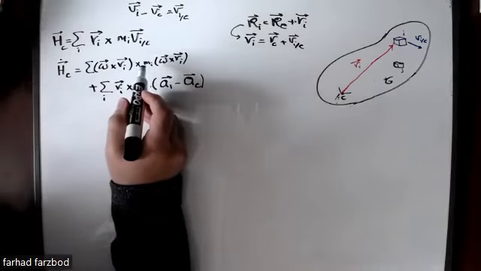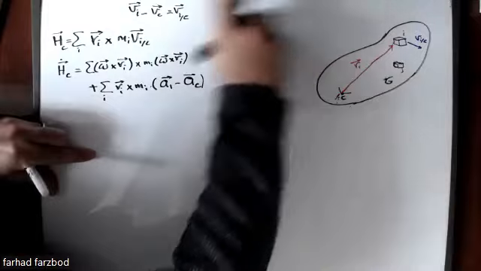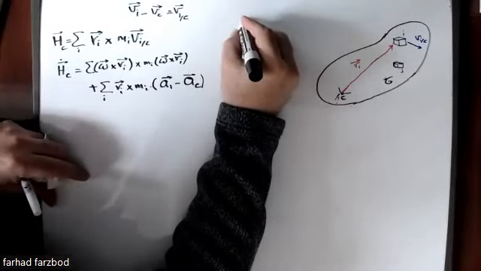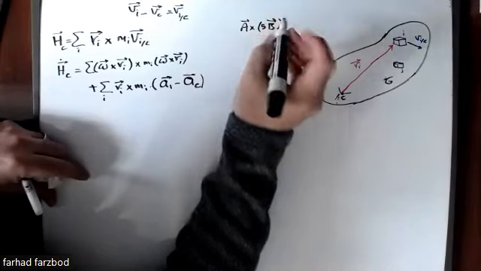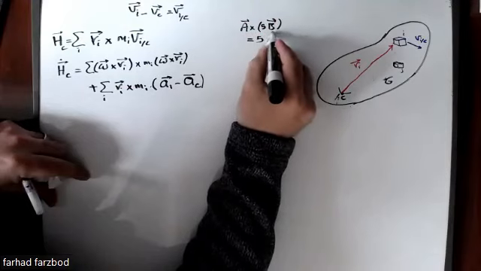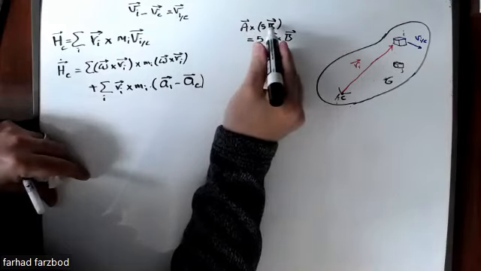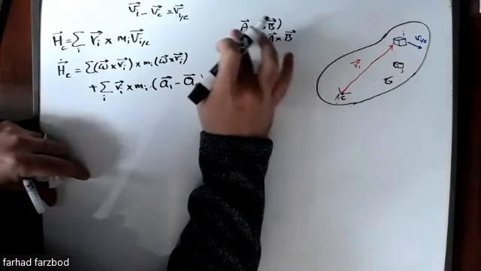And by the way, this m_i is a scalar. I can take it out. For example, if I have vector A cross 5 times vector B, the 5 comes out and I can write it as 5 times A cross B. If you expand this, you will see that this scalar can come out.